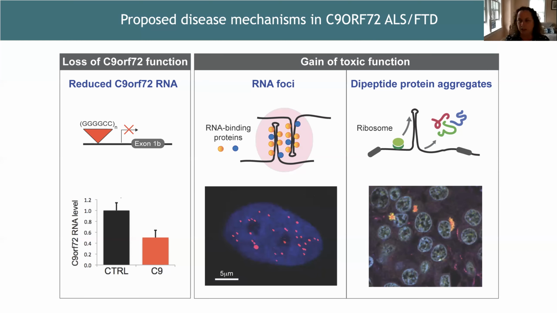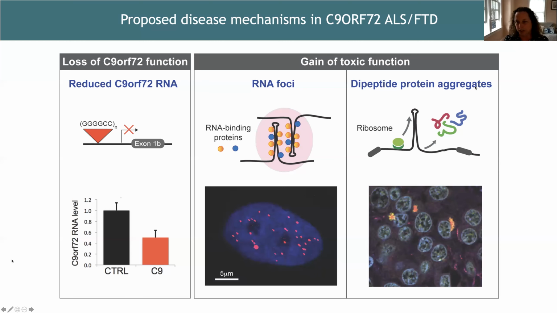And in myotonic dystrophy, it was clearly demonstrated that these RNA foci sequester RNA binding proteins called muscleblind, leading to RNA processing alterations. It's been proposed that similar mechanisms exist in C9orf72 disease. There are clearly RNA foci. I have to say that it's still very controversial which, if any, of the RNA binding proteins are indeed sequestered in the RNA foci, and many of them have been proposed.